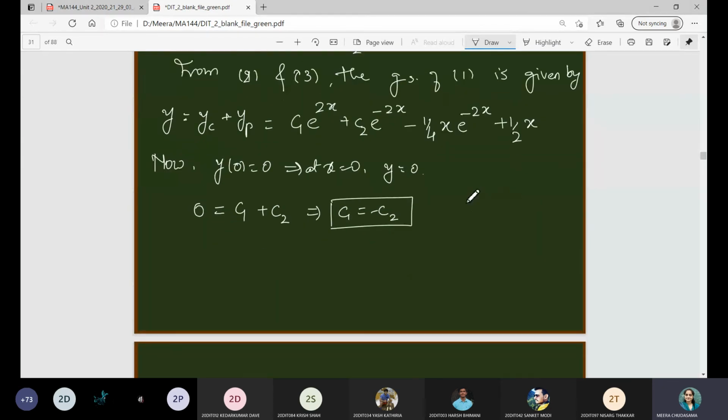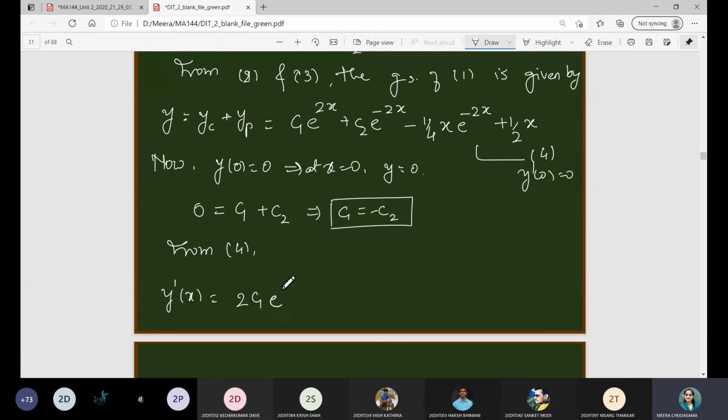Now the another condition we are given is y dash of 0 is 0. So for that we need to consider first the value of the derivative of y. So I can write suppose this as 4. So from 4, y dash of x is equal to, what will it be?